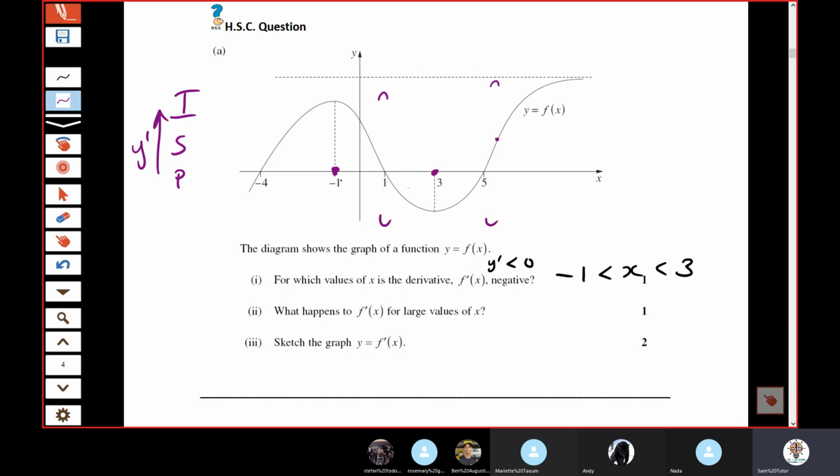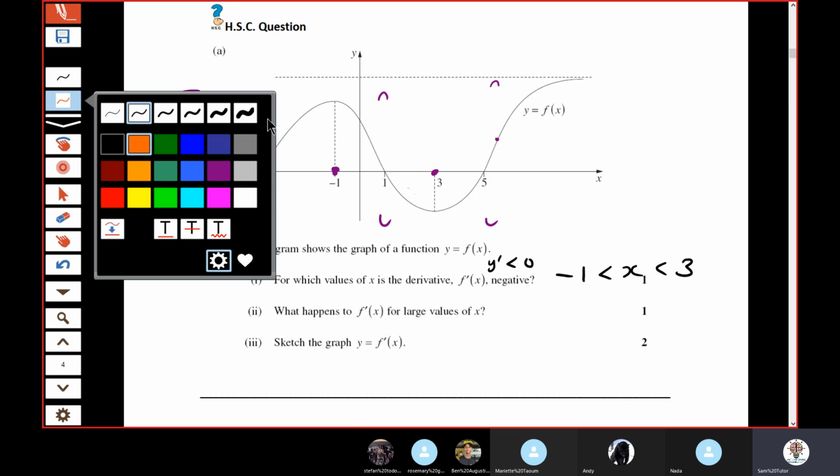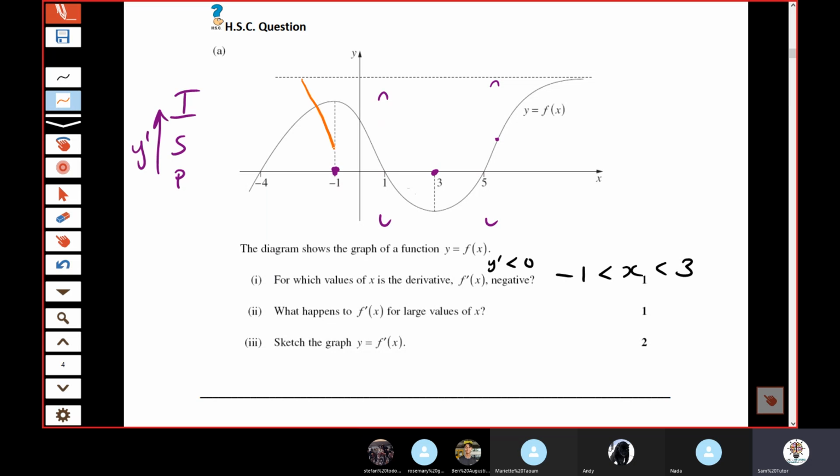And that's it. Start bottom left, start top left. You guys love that rule, don't you? Go here, go here, go here, go here. And then what? Boom. Asymptote approaching 0. So what happens now for large values of x?